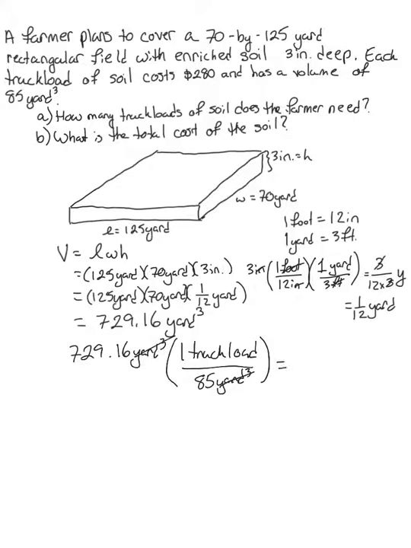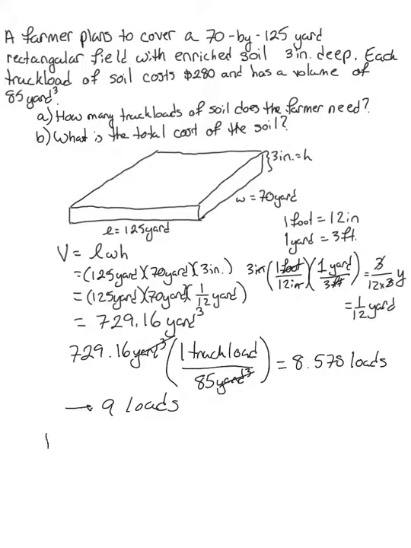So 729.16 divided by 85 is 8.5578. We'll just call it loads. So we got that. But assuming that we can't order partial loads, this is going to give us 9 truckloads. So that's how many truckloads we need.